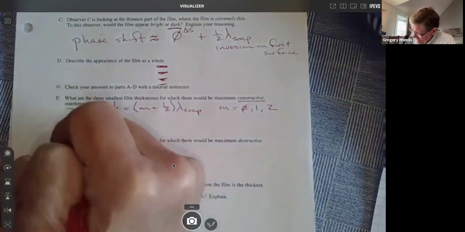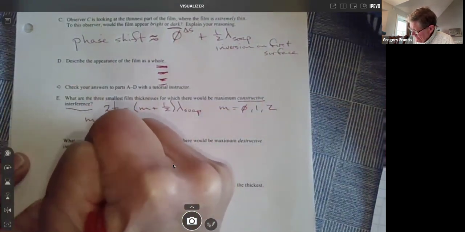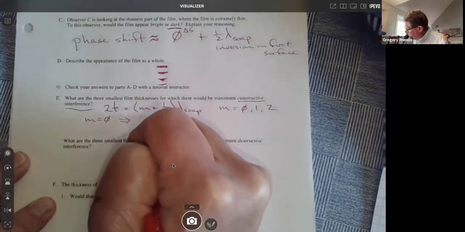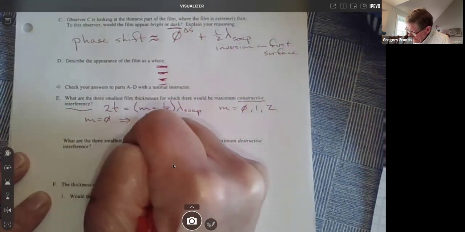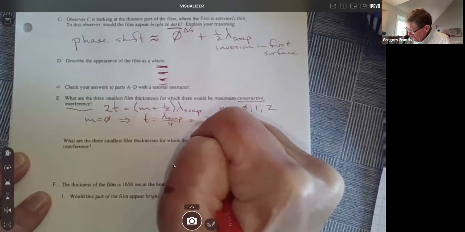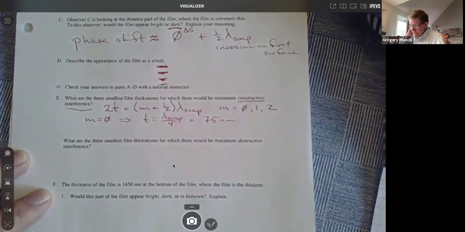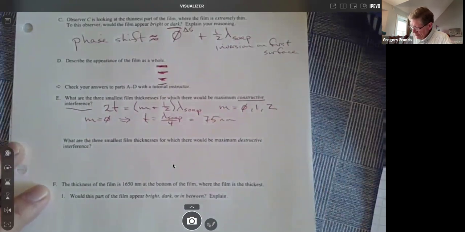And so if I have m equals 0, that's going to give me t is equal to the lambda of the soap divided by 4, and that's going to be 75 nanometers. And that's the one that we found on the previous page.